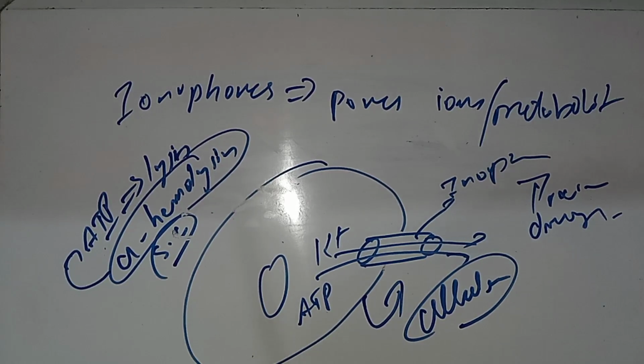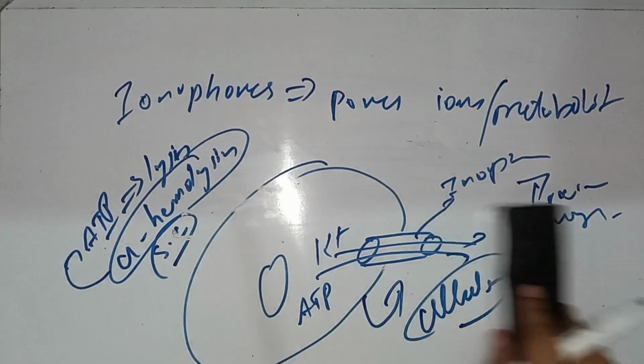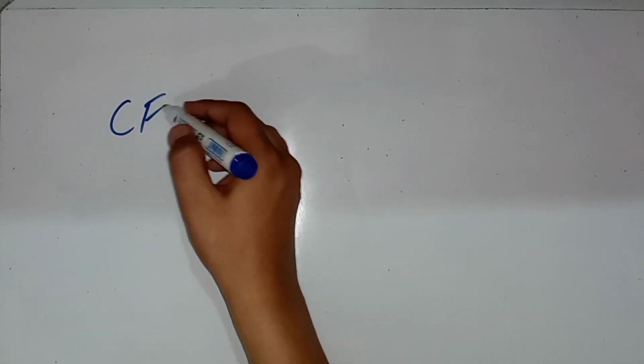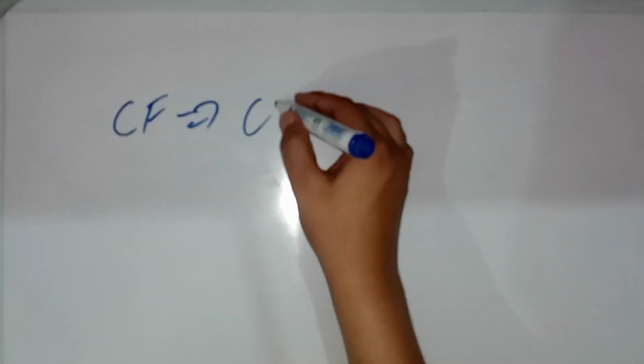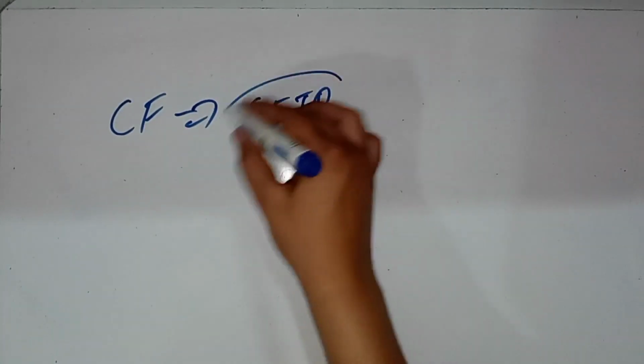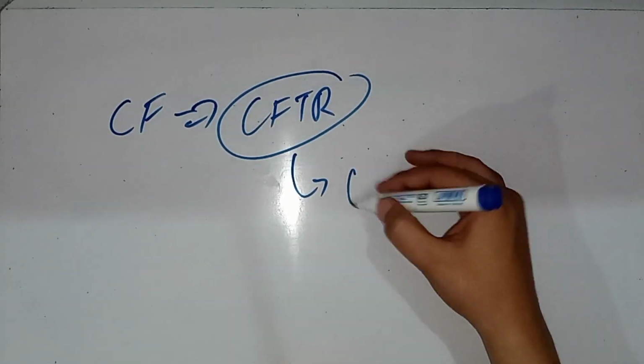Okay, so we have discussed different transporters and different kinds of channel proteins and so on. These channels are very important. Their mutation can lead to different diseases. For example, a common disease is cystic fibrosis, which is due to a defect in the channel cystic fibrosis transmembrane regulator. This channel is basically a transporter of chloride.